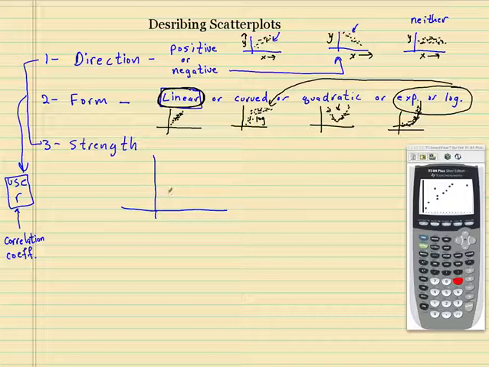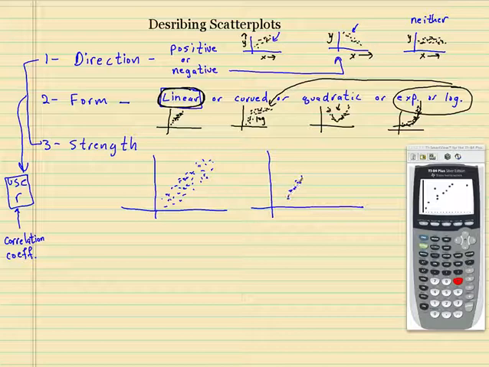So the strength is pretty straightforward, not a lot to it. The strength measures kind of how much they're grouped together. So I'll just draw a few and see if you can guess which one's stronger. The stronger it is, the better prediction you'll get. So I'm making all the forms linear here.